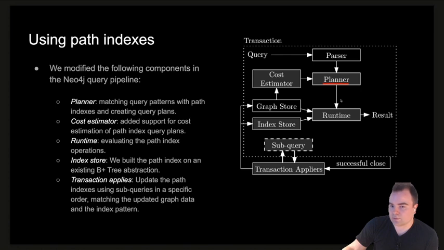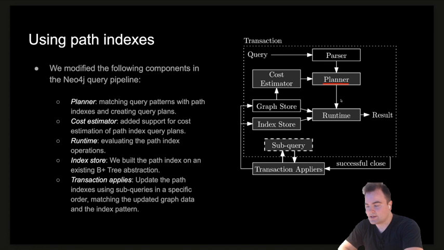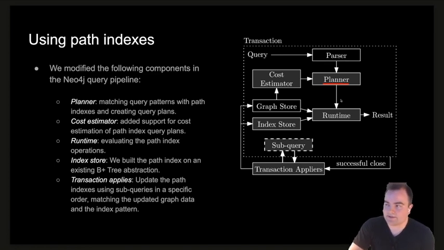Then, equally important, we needed to modify the cost estimator, so that we have a correct estimation of plans with path indexes, such that the planner would indeed choose the plans with such data structures. So we modified the cost of these.